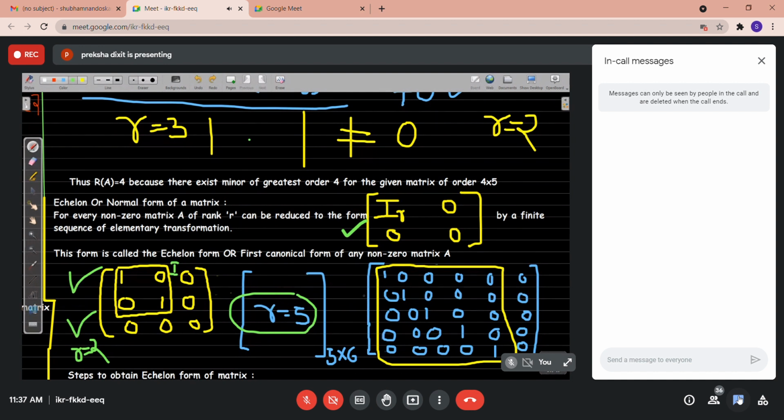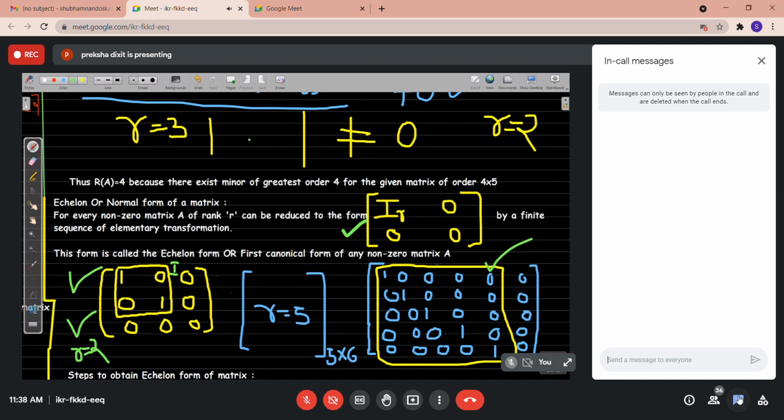So depending on its rank, we can have the echelon form of it. If its rank is 5, the echelon form of a matrix is going to have an identity matrix of order 5 and the rest of the elements as 0. Can you see that? Is the format of echelon form of a matrix clear to you all? How does echelon form of any non-zero matrix look like?